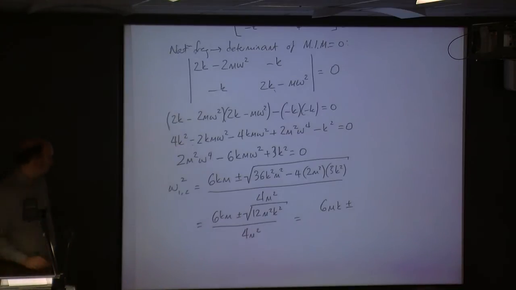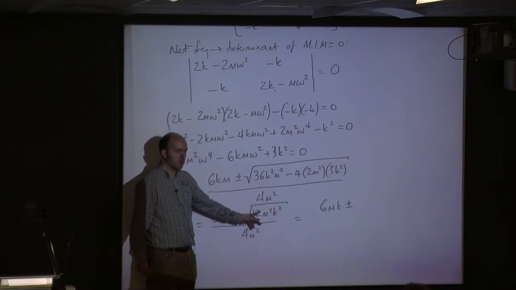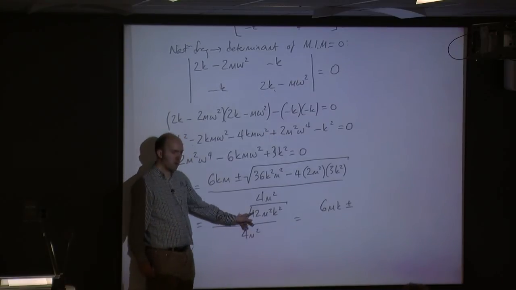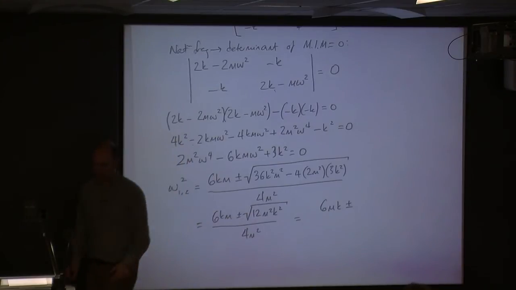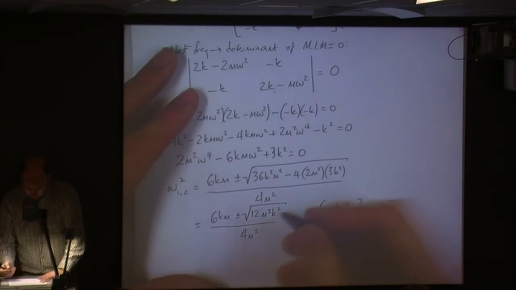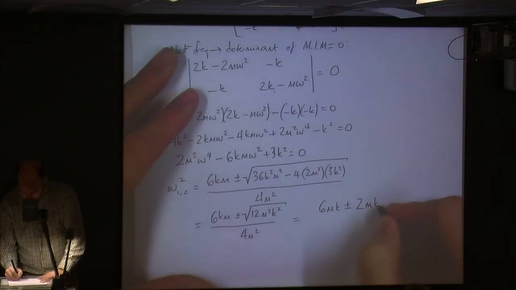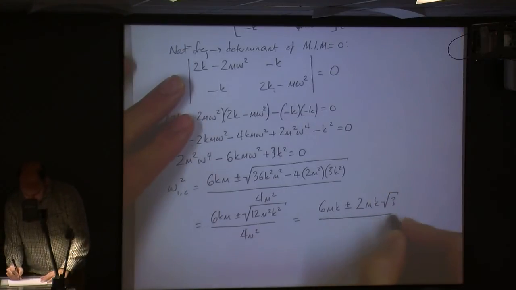So the square root of 12, obviously that's square root of 4 times 3. 4 square rooted is 2, so 2 root 3 is going to be the square root of 12, so we could write this as 2. M squared and k squared square rooted is just m times k, and then we have the square root of 3 here, divided by 4m squared.